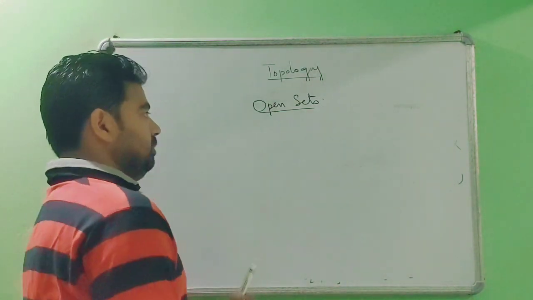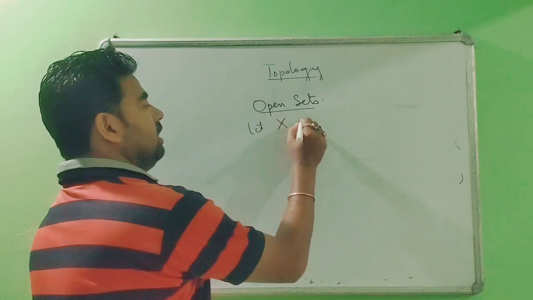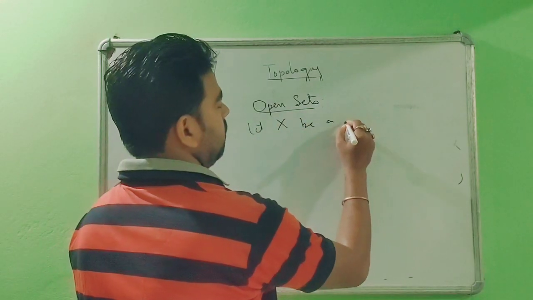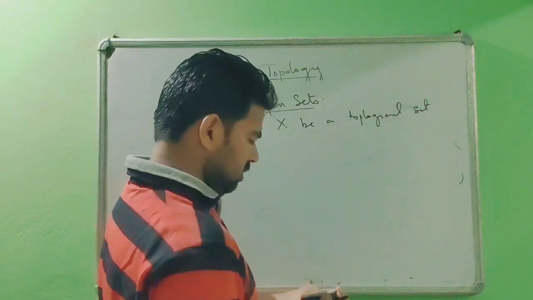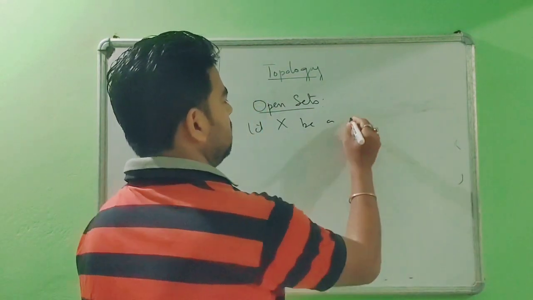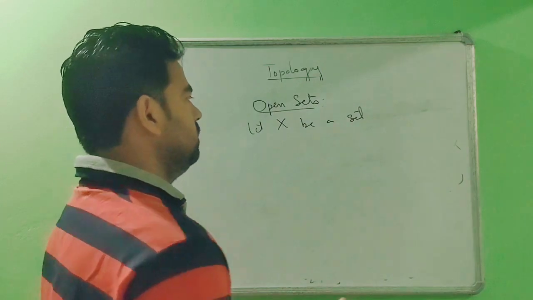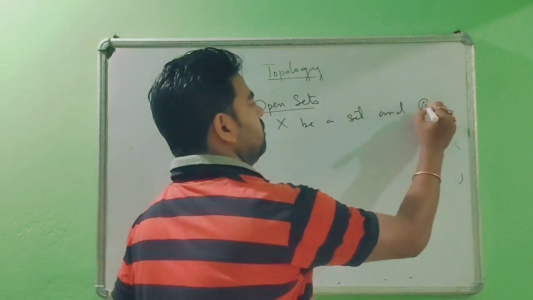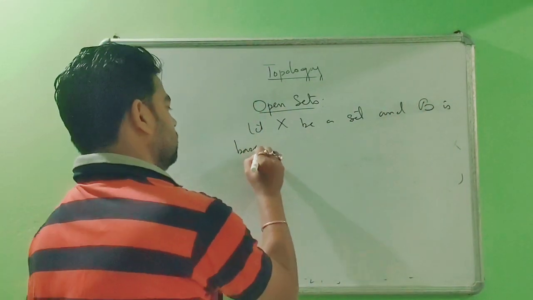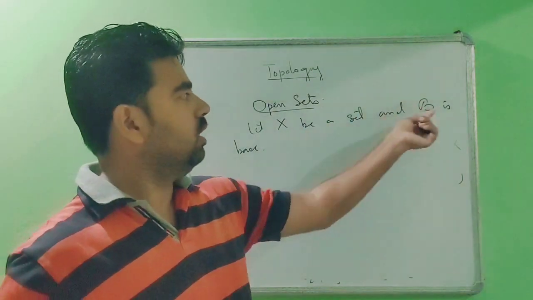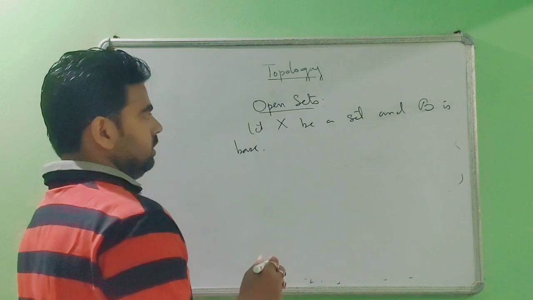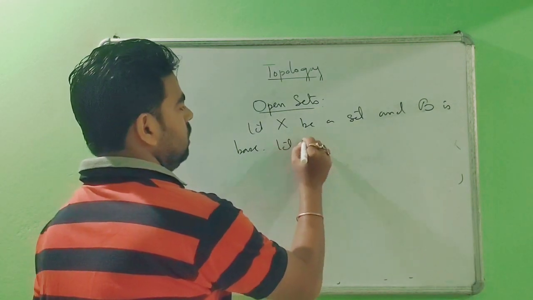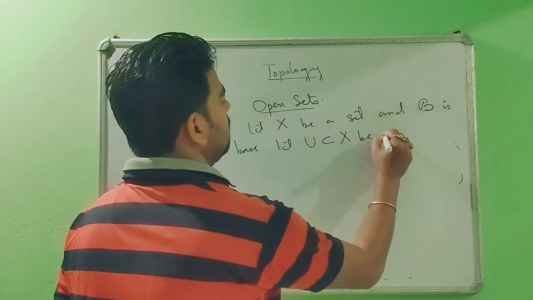So for that, let X be a set, no need to say topological space. And script B is a base. You know X is a set. You know script B is a base. So let U be any subset of X.